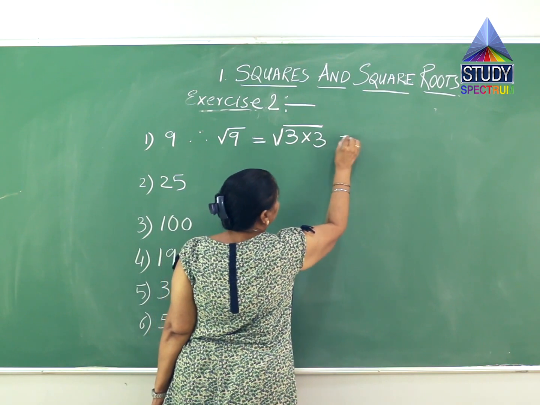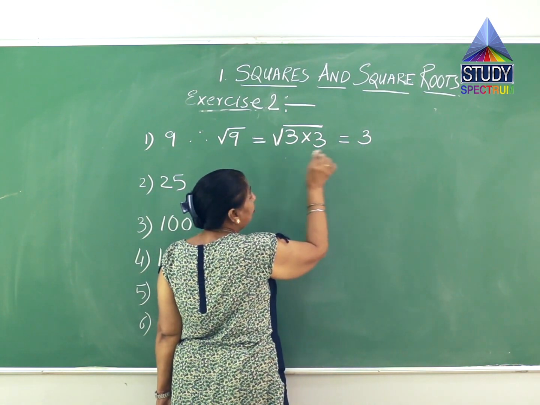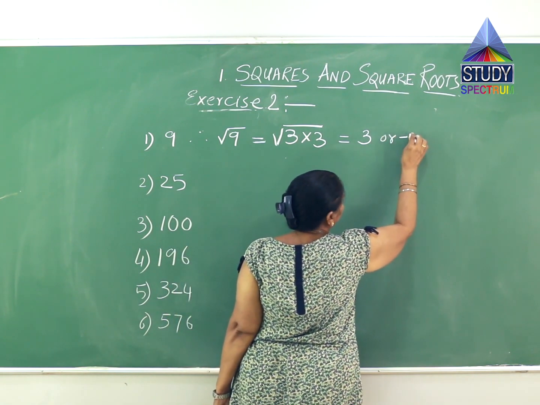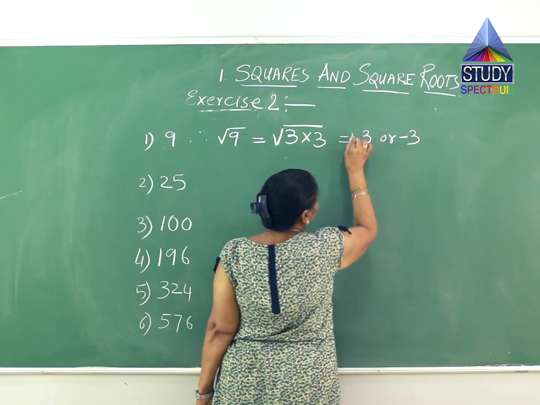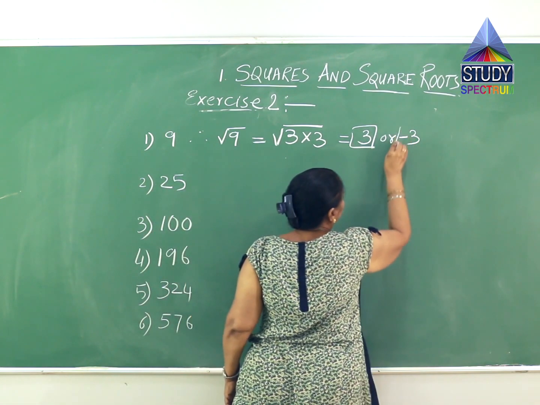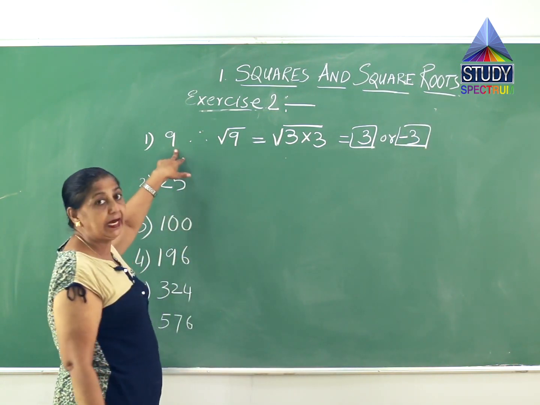So it is 3. But as you know, the negative number also gives me the same number 9. So either 3 or minus 3 is the root of 9.